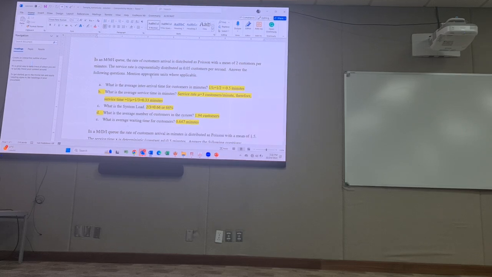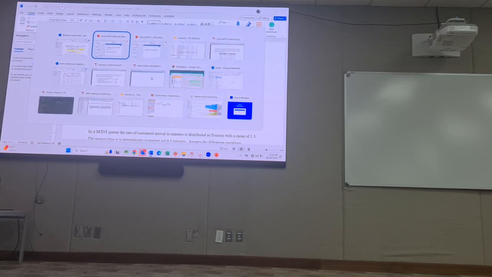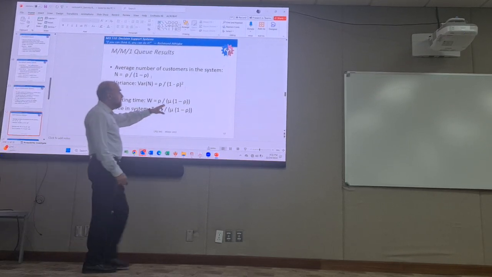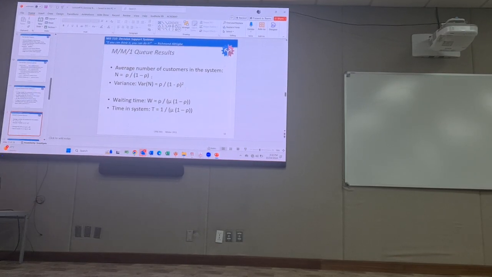What is the average waiting time for customers? Again, the formula for waiting time is rho over mu times 1 minus rho. So again, you just have to substitute and get the values, okay?